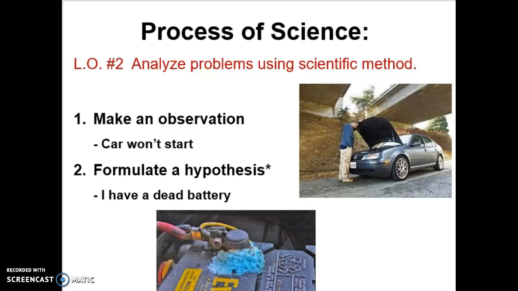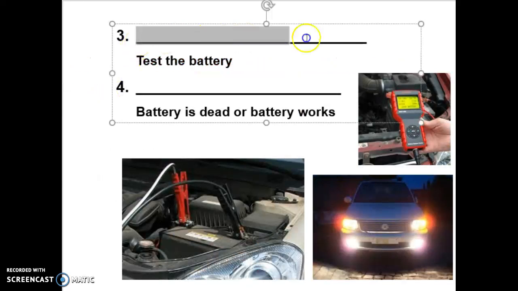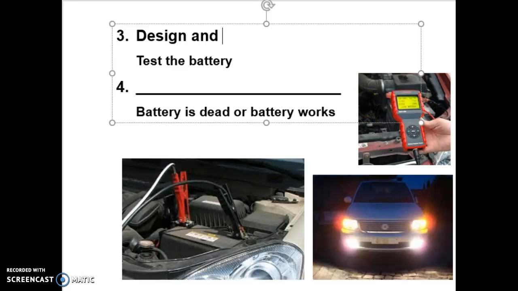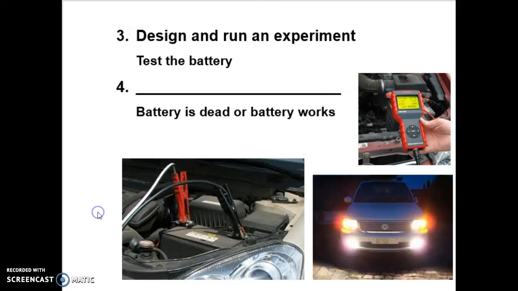Okay, so once I have my hypothesis, I then need to design and run an experiment to test my hypothesis. So one simple experiment: I think I got a dead battery. Now think about how many different experiments you could run to test your battery. You got a voltage meter, plug it in.